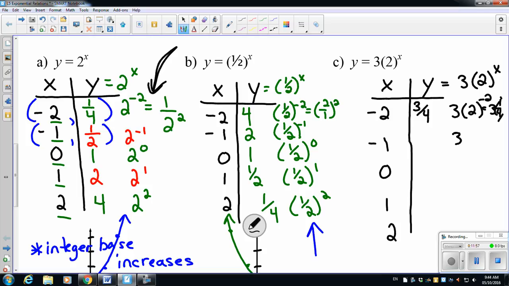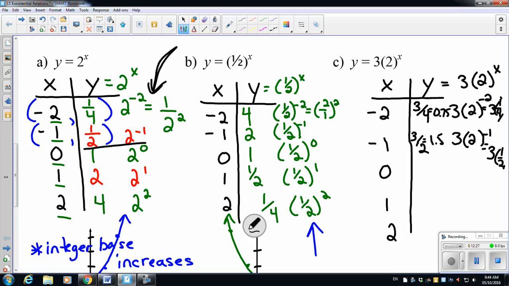And then I'm going to have 3 times 2 to the exponent -1. And remember from over here, 2 to the -1 is 1/2. So I'm going to have 3 times 1/2. And 3 times 1/2 is 3/2. 3/2 is the same as 1.5, and 3/4, if you're having trouble, is the same as 0.75.